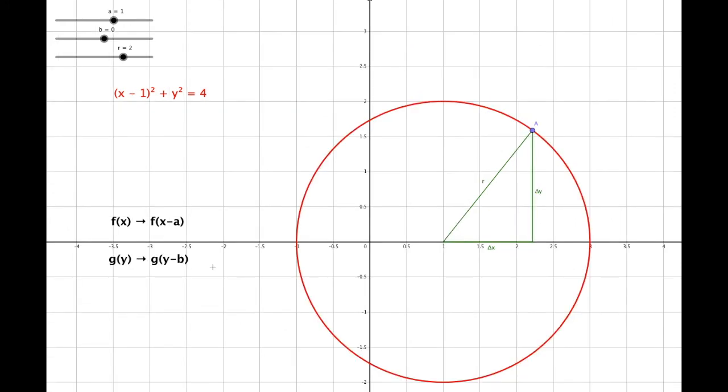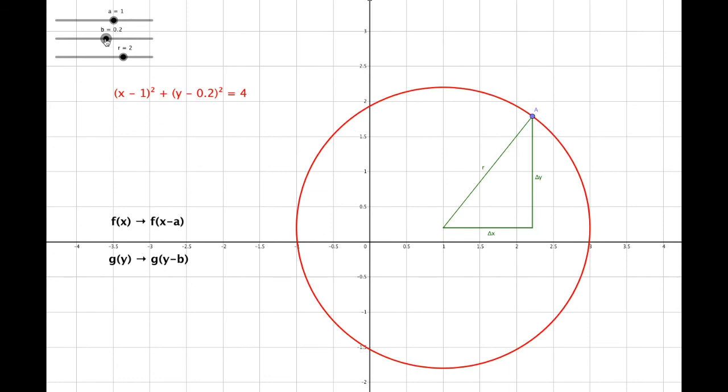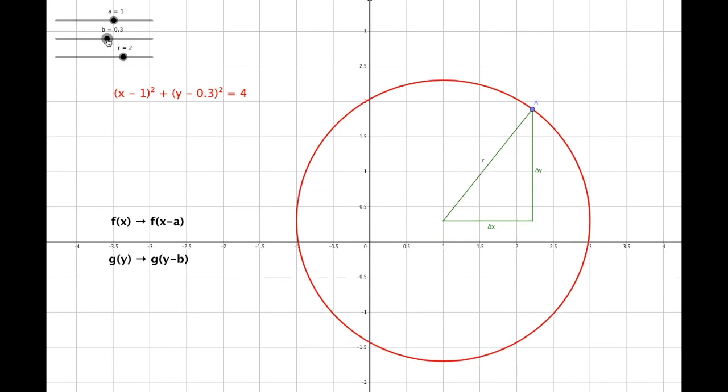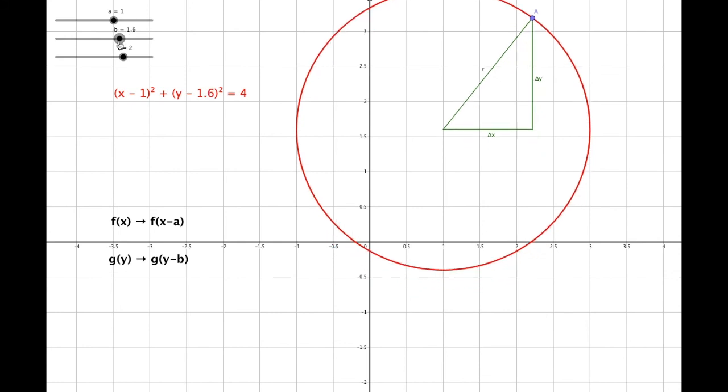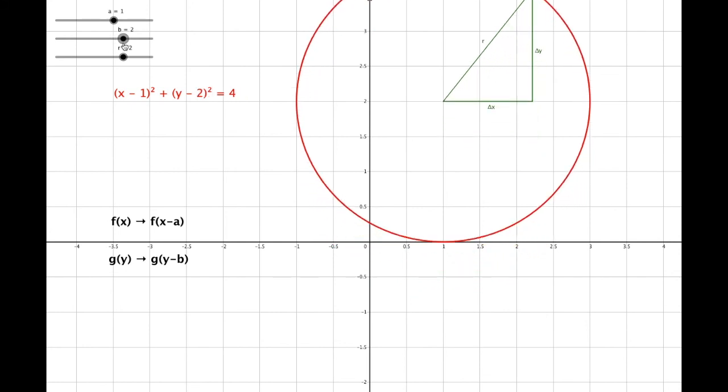If we think about moving the centre of the circle up or down, then we're changing it in the y direction. And a similar thing happens to transformations in the x direction. So if we increase the value of b, so that this is the y minus b, then it moves up, which is a similar idea.